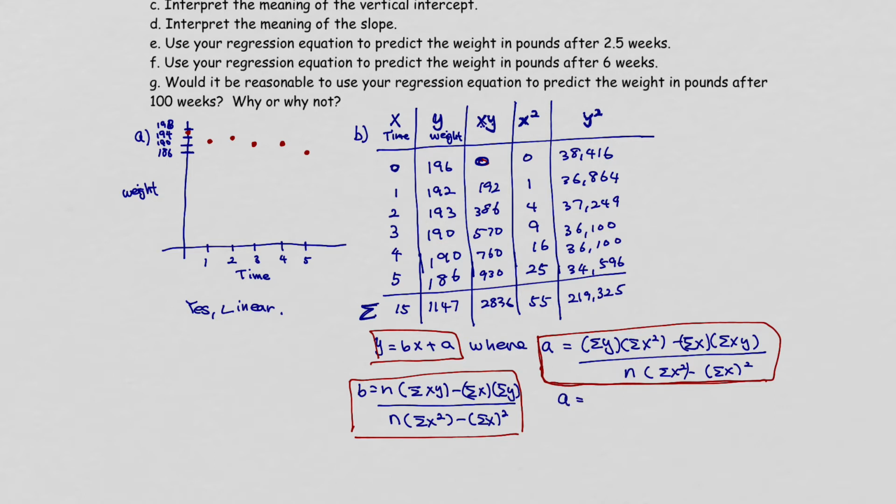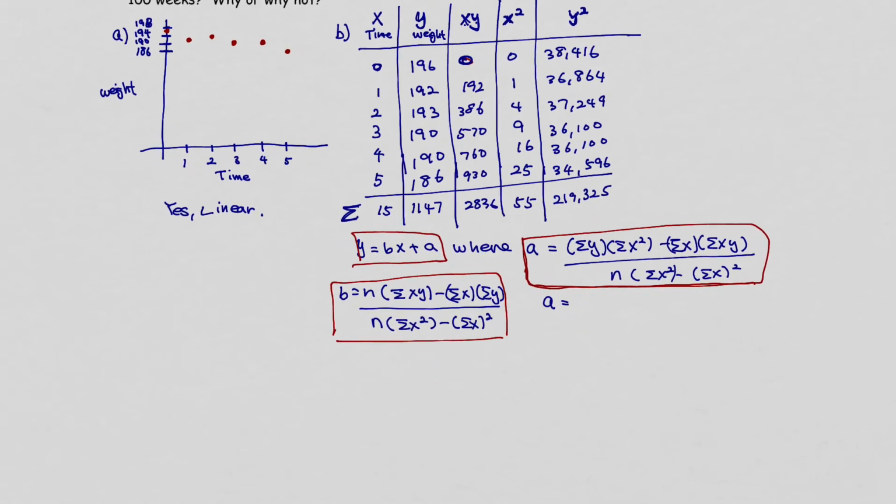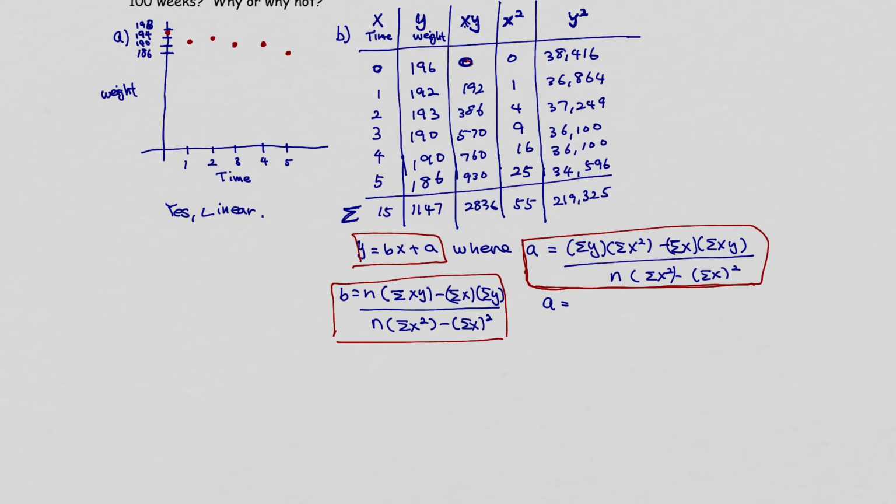So in order to find A, you're going to start by summation of y. So summation of y will be this number times x squared. X squared will be right here, right? Summation of x squared minus x, that's 15. Summation of x, summation of x times y will be this number.